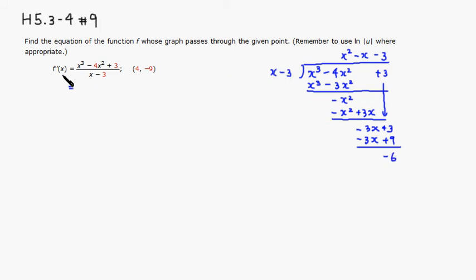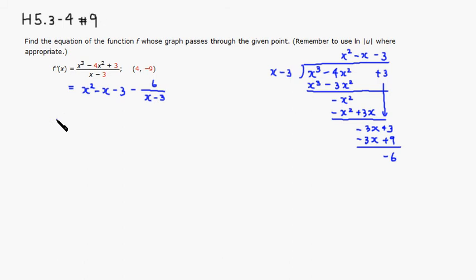So we can rewrite f prime of x this way. Write down the quotient, which is x squared minus x minus 3. Then you have a negative 6, so we put the minus 6 over the divisor, x minus 3. This is the same thing as f prime of x.